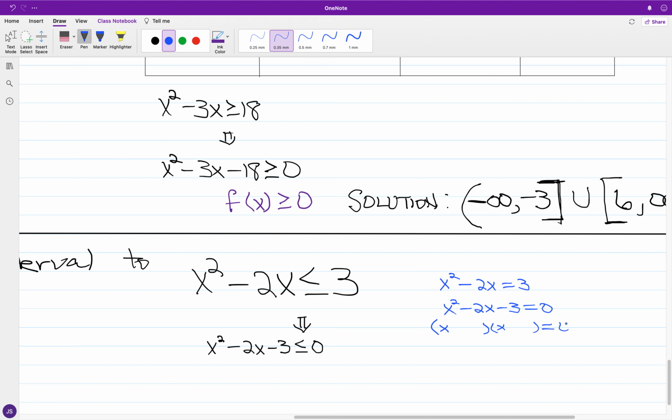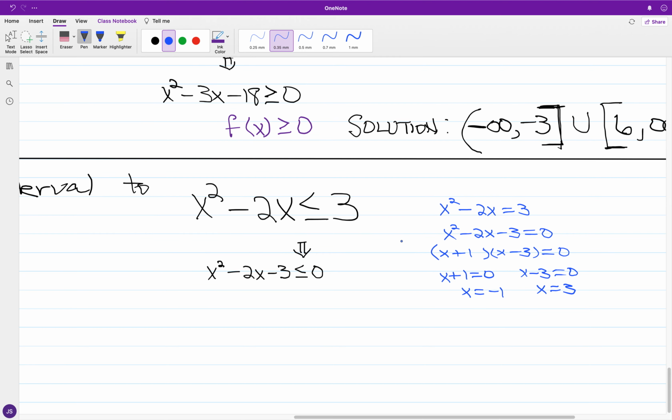With factoring, once again more weight is given to the subtraction than to the addition. So we have that x plus 1 is equal to 0, so x is equal to negative 1. And if x minus 3 is equal to 0, then x is equal to 3.